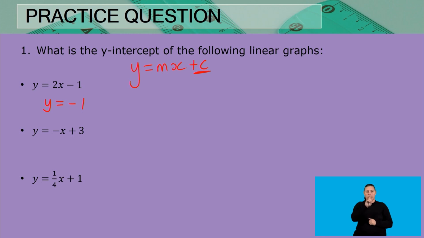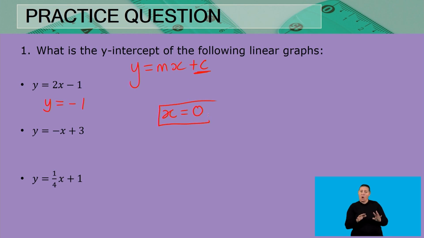Then we have another one, which is y = -x + 3. Remember, there are two ways of finding the y-intercept. You can either see it from the equation, which is the standard form, or you can use the fact that with the y-intercept, x = 0.